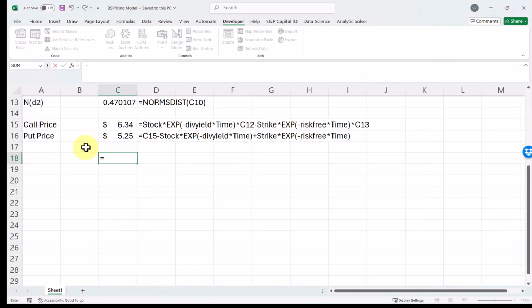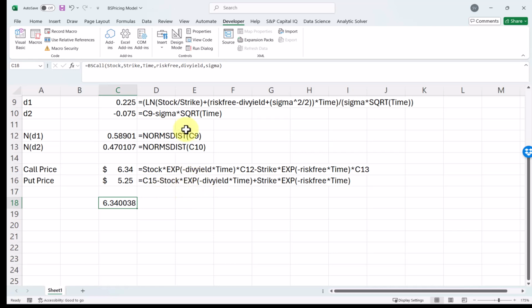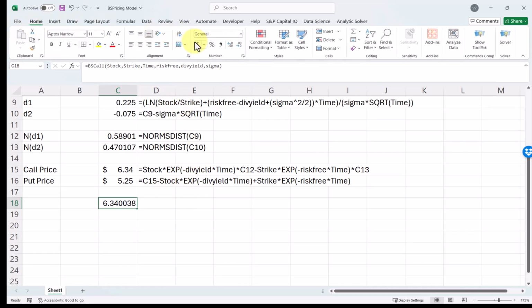So I'm going to put an equals BS call, open parentheses, select the insert function button, put in the stock price, put in the strike price, put in the time, down here, time, put in the risk-free rate, put in the dividend yield, and then finally I need to scroll down here to my sigma, and I get my answer of $6.34.